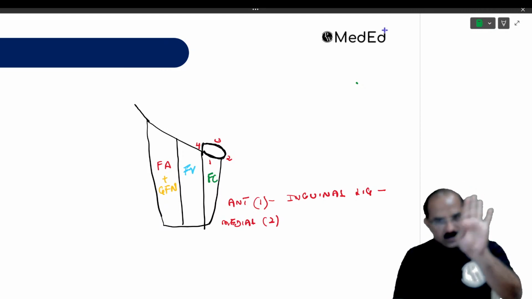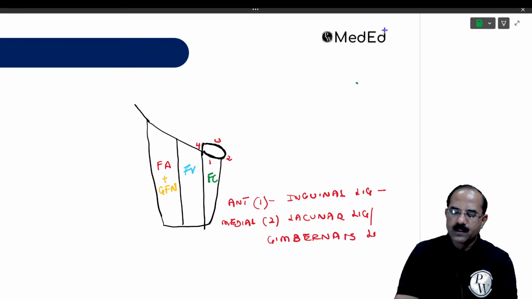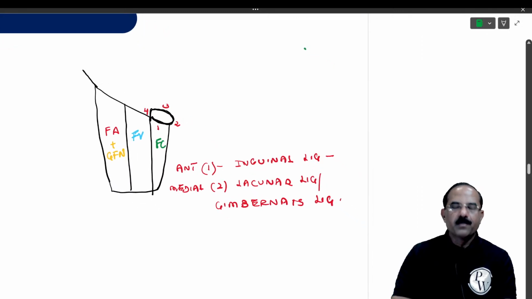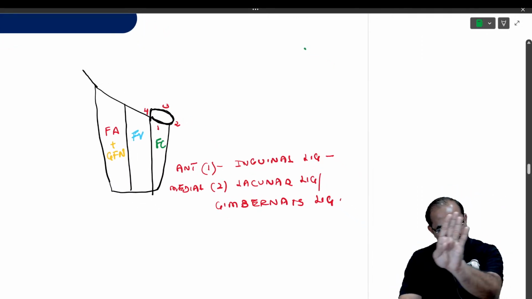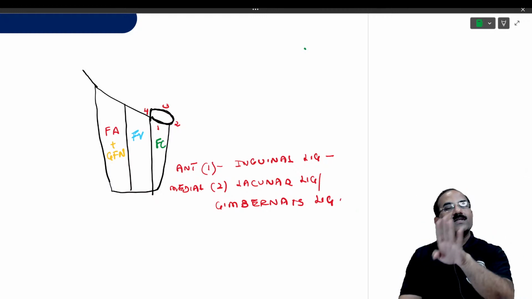And what is this turn known as? It is known as the lacunar ligament. Lacunar ligament is also known as Gimbernat's ligament. ठीक है? So number 1 is the inguinal ligament anteriorly. अब ये inguinal ligament ऐसे turn होगा medially. What is that known as?